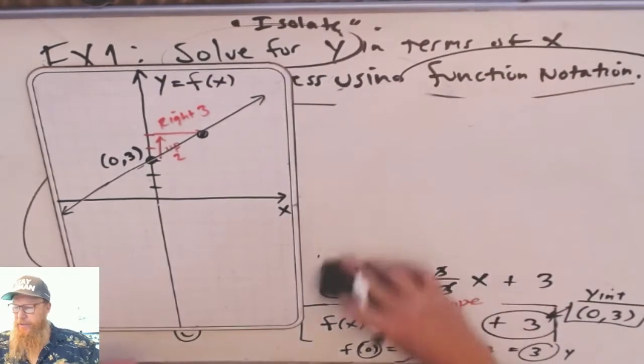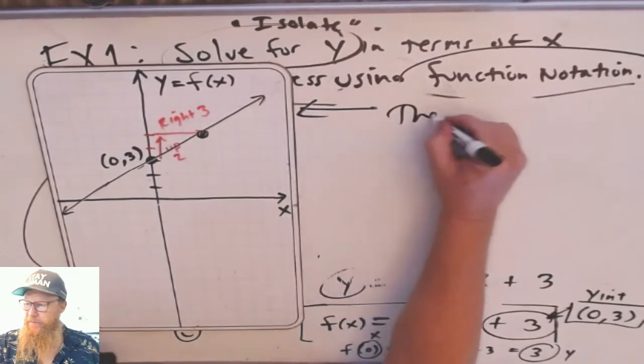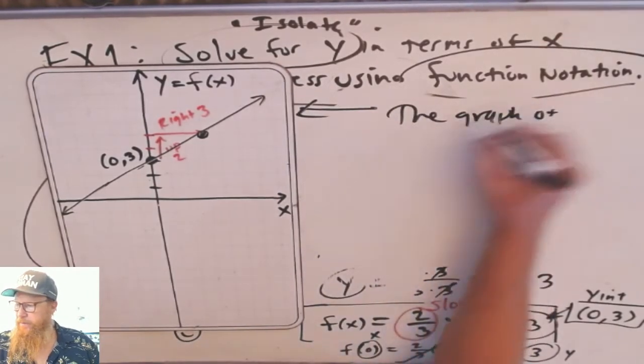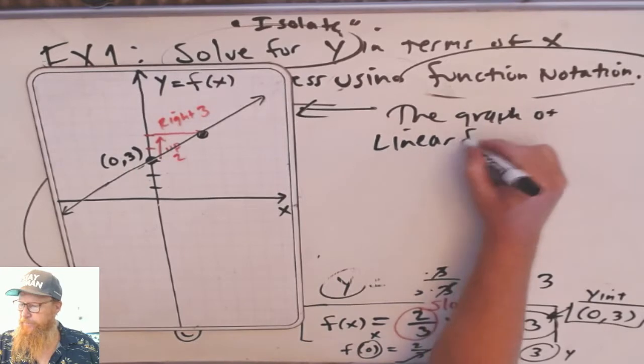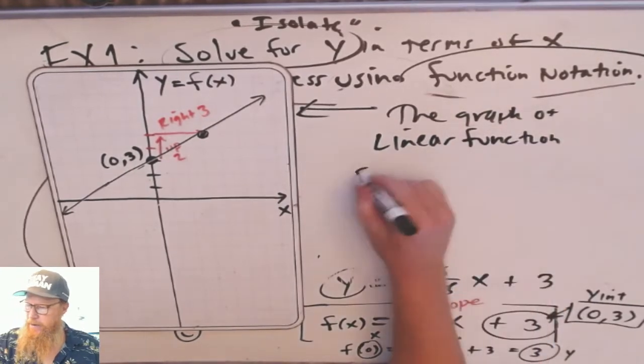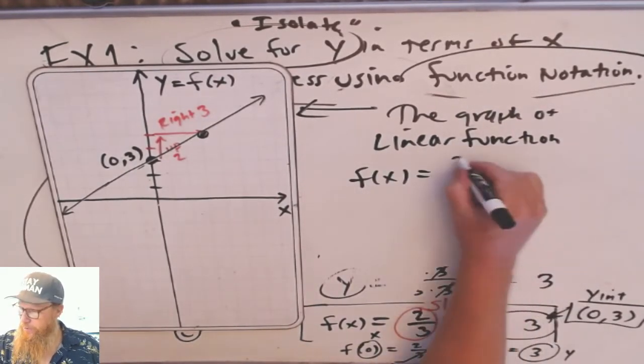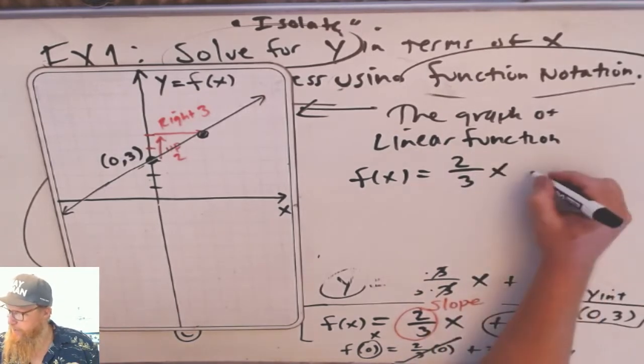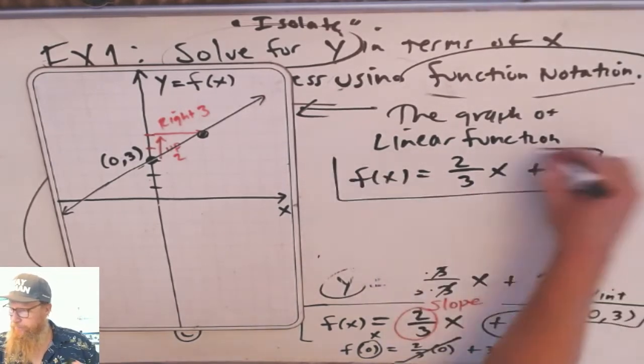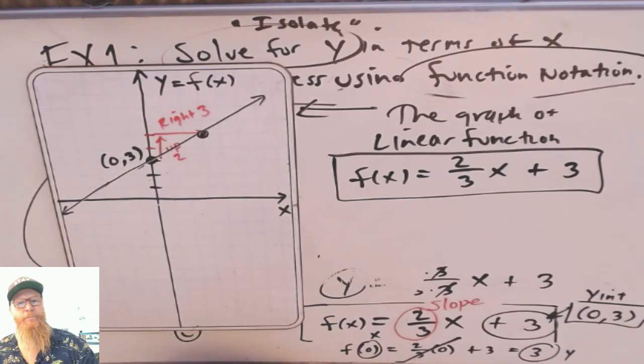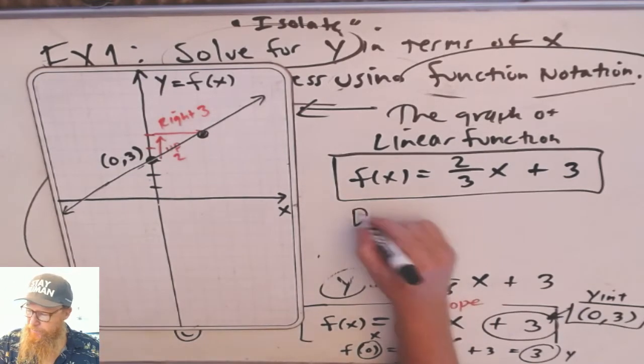Okay, so this is the graph of the linear function f of x equals 2/3 x plus 3. I'm going to give you a couple free answers.